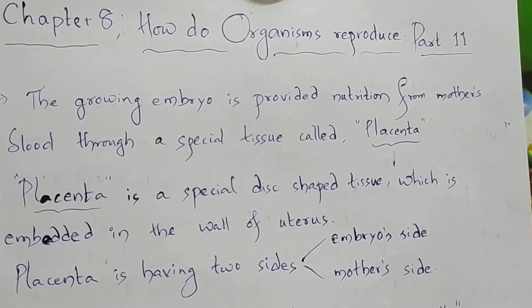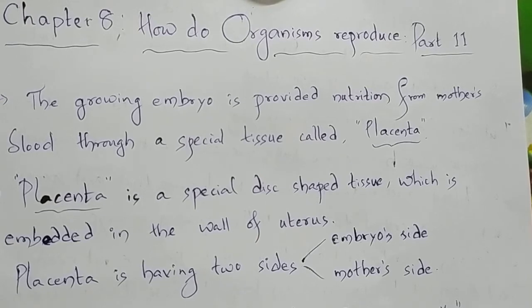The growing embryo is provided nutrition. Why should it be provided nutrition? Because for the growth of the embryo into fetus and for all the organ development, certain raw materials and energy are needed. All these raw materials and energy are provided to the growing embryo from the mother's body only. But how are they provided?